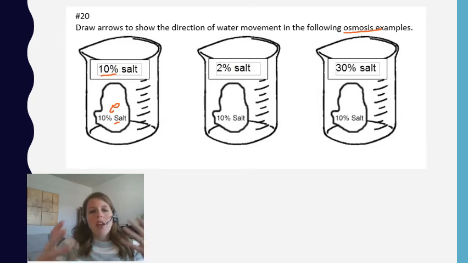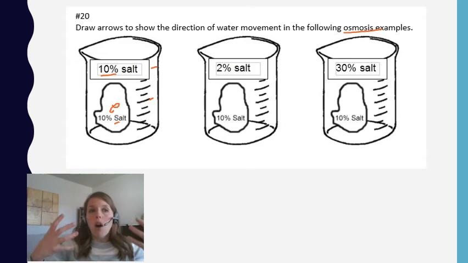Which way does that water move there? Well, in this scenario, it's the exact same inside the cell as it is outside the cell.